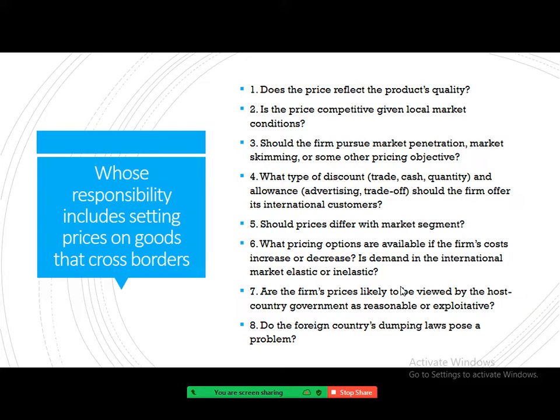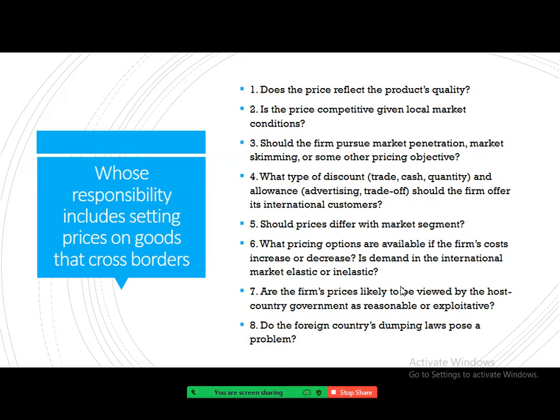Companies using rigid cost plus pricing set prices without regard to the eight considerations listed previously. They make no adjustments to reflect the market conditions outside the home country. The obvious advantage of rigid cost-based pricing is its simplicity.